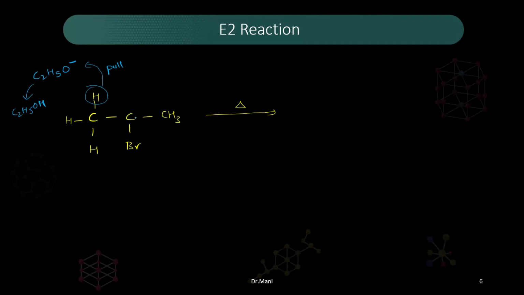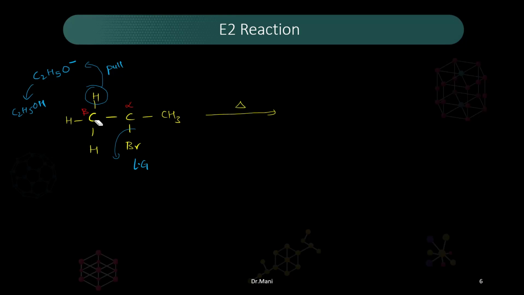At the same time, what happened? A bond breakage will happen with the bromine. So here the bromine is acting like a leaving group. And what is this carbon called, alpha or beta? Yes, this will be the beta carbon.